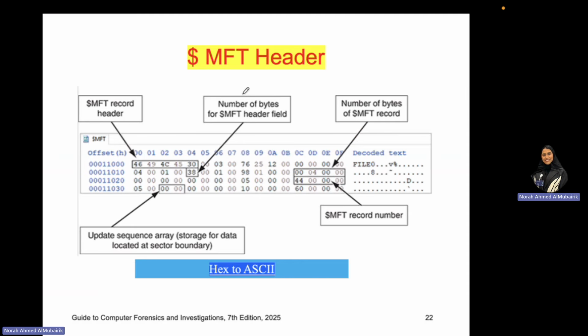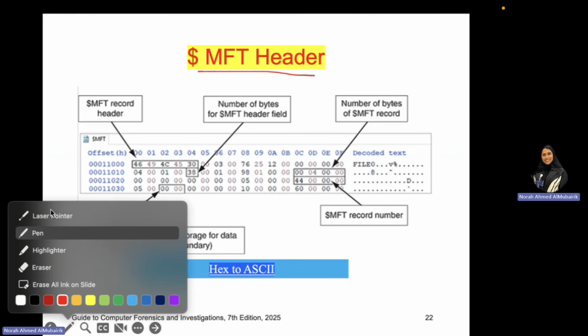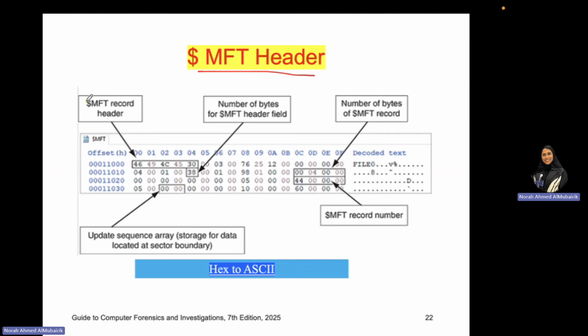So this is a small chunk of an MFT. The first chunk is usually the MFT header. This is the first chunk. Now, the first thing is the MFT record header, which is the 4th or 5th byte of the MFT, and this means FILE0.